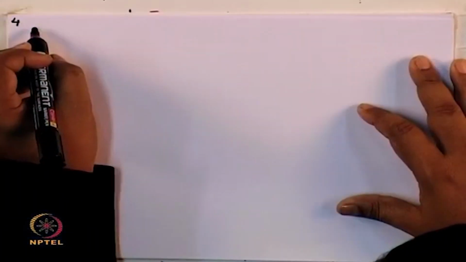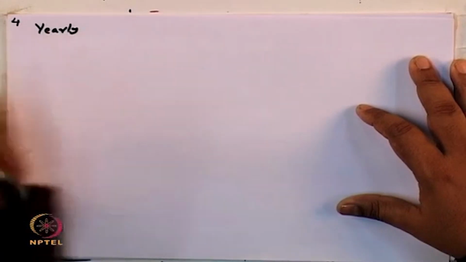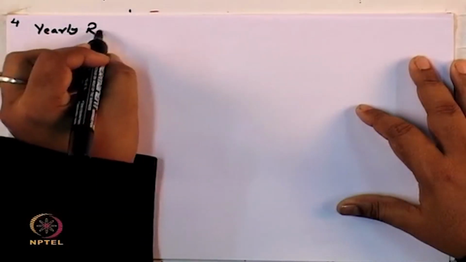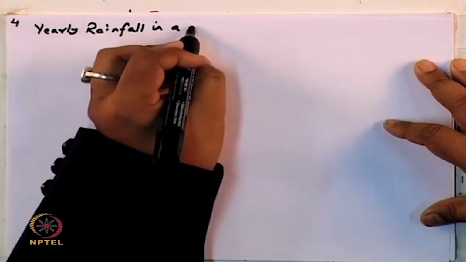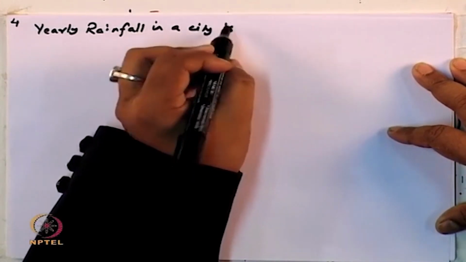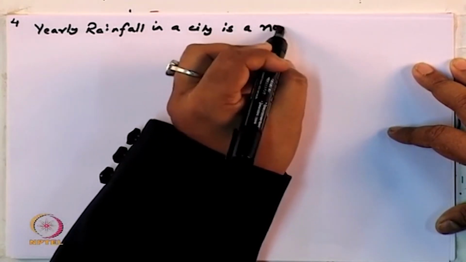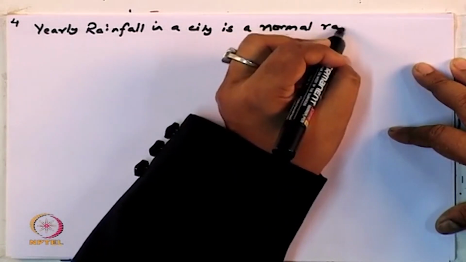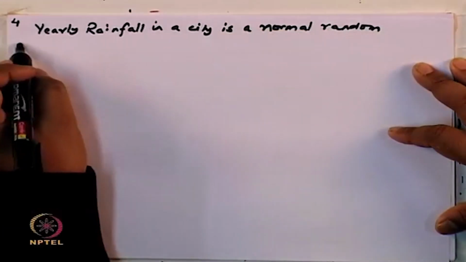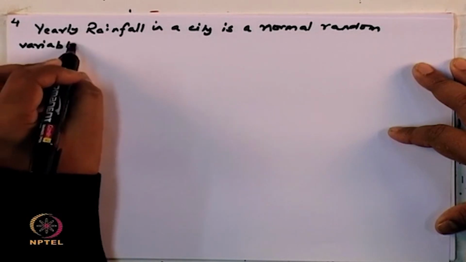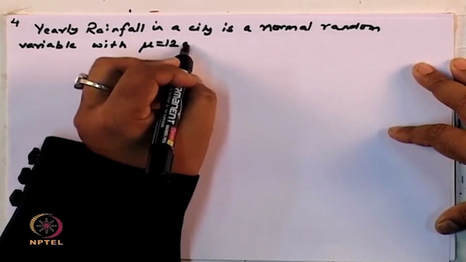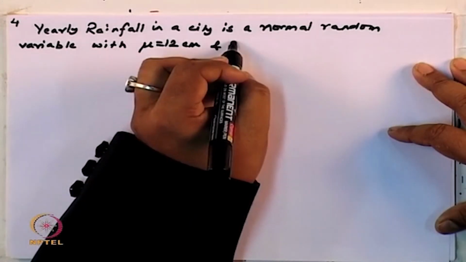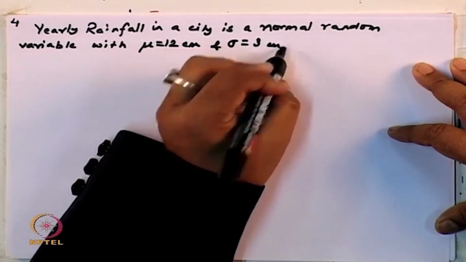Imagine the yearly rainfall in a city is a normal random variable with mu equal to 12 centimeters and sigma equal to 3 centimeters.